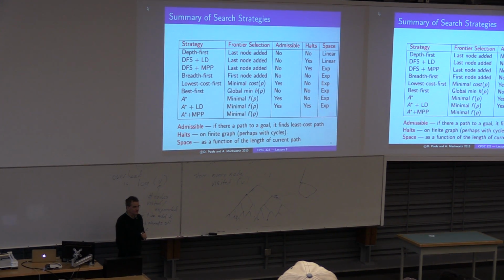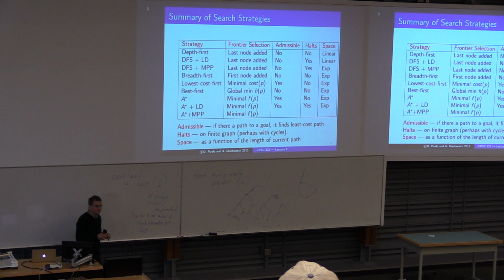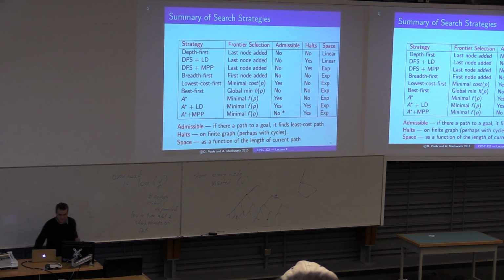Is it admissible? No, okay. The answer is no, but put a star next to it because we'll get to that. All right, we'll talk about that in a second.